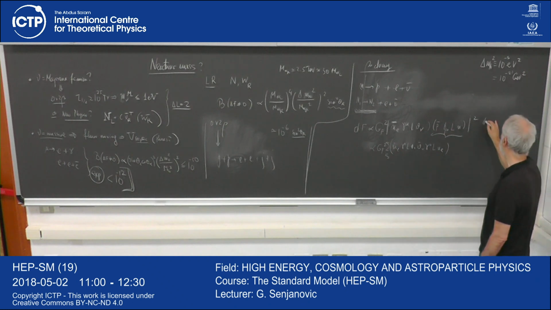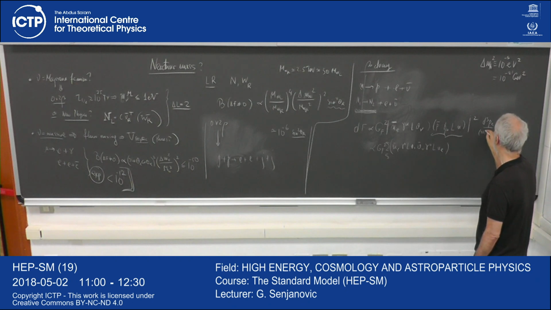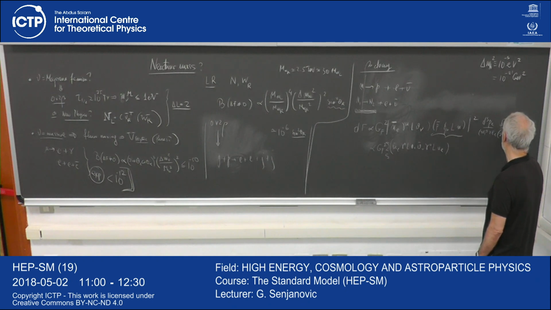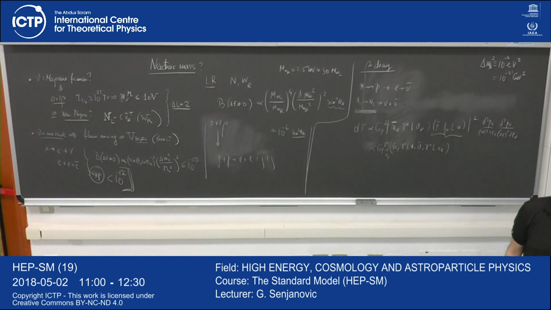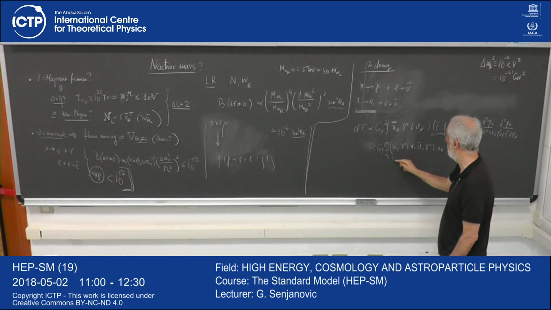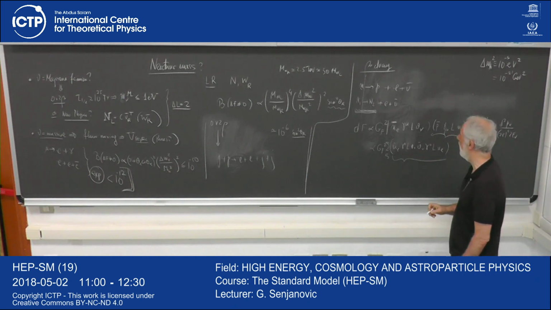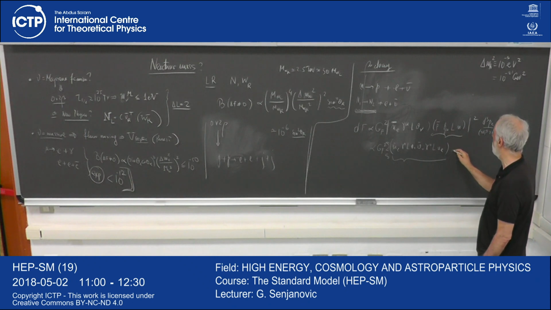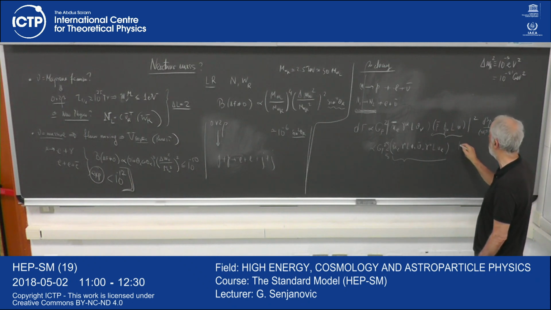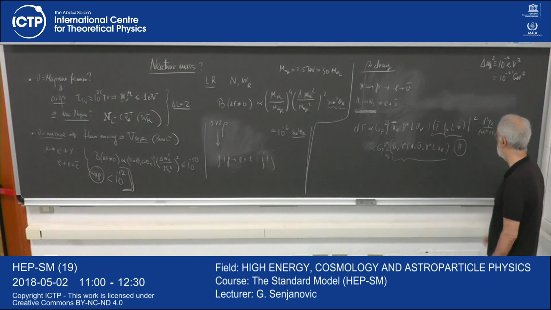Then there is d³p electron over 2π cubed, 2 electron energies, d³p neutrino over 2π cubed, 2E neutrino, and so on, the usual factors that you would stick in if you want to compute that. By using the trace formula, I will get some factor here, which I'm not going to worry about.